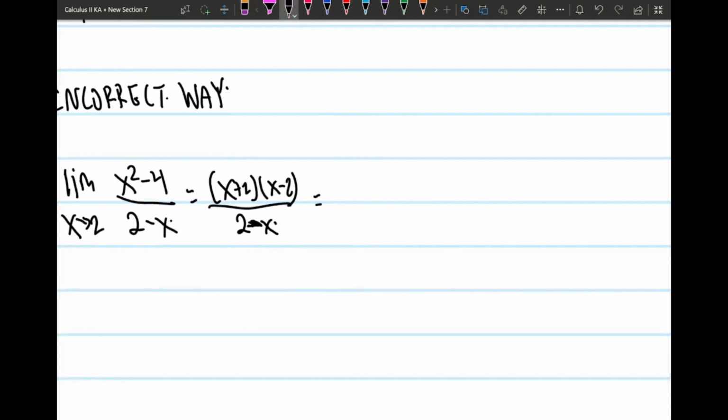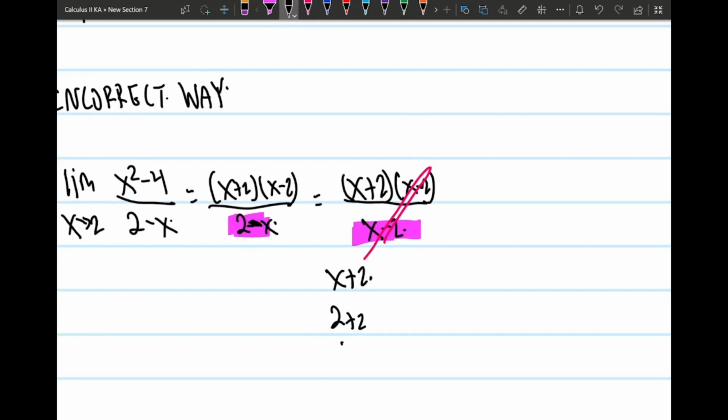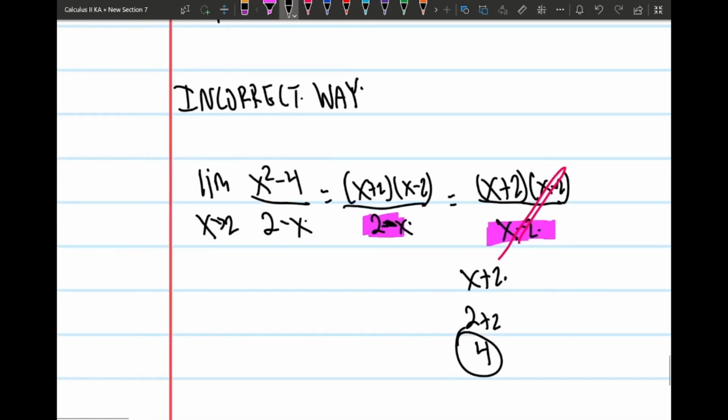So they write x plus 2 times x minus 2 over x minus 2, cancel, and just plug 2 in. 2 plus 2 is 4, and no.